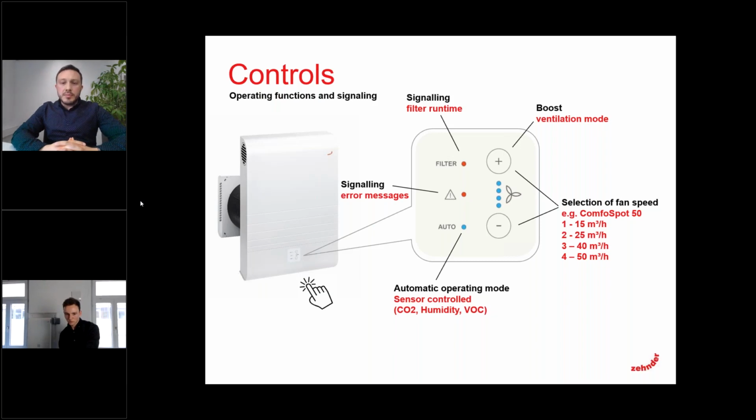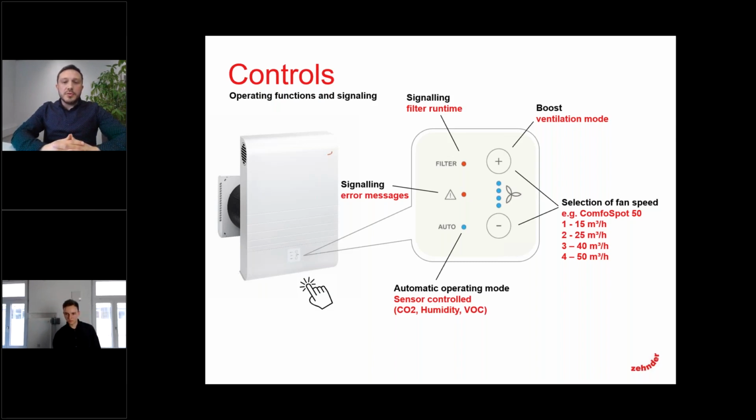It has a boost ventilation mode. If you choose one of the sensor controls, CO2, humidity, or VOC, this unit can also operate in an automatic mode. Then it's demand controlled. It has a signaling for filter runtime.